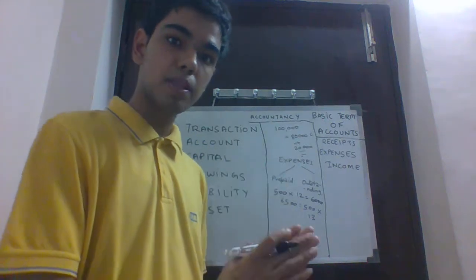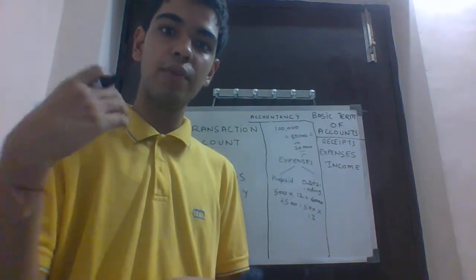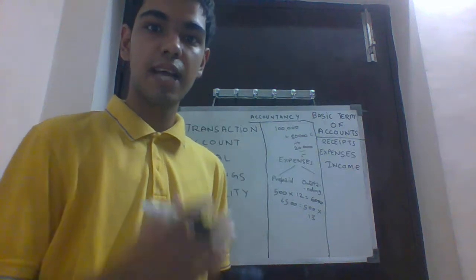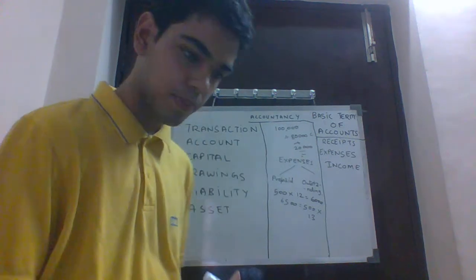So the expense of that 1 month, 500, which we have paid in advance, will be called prepaid expense.